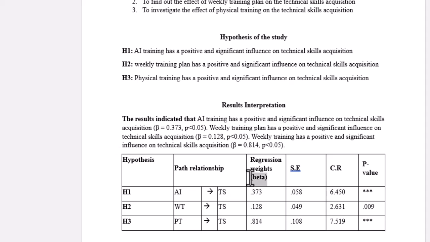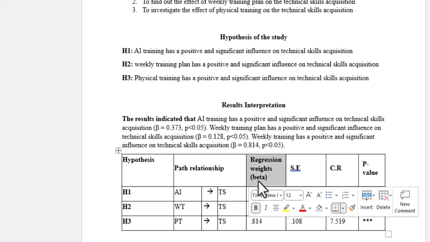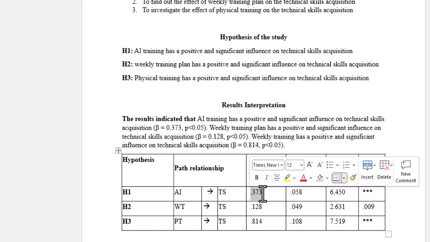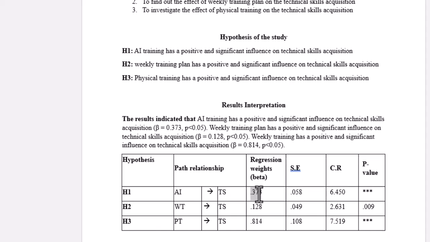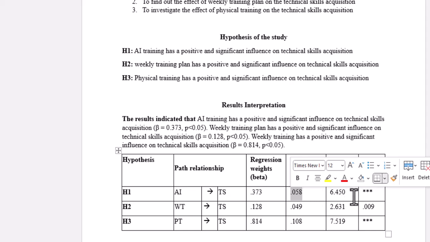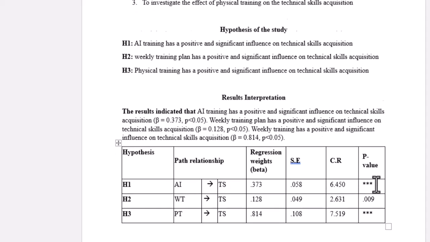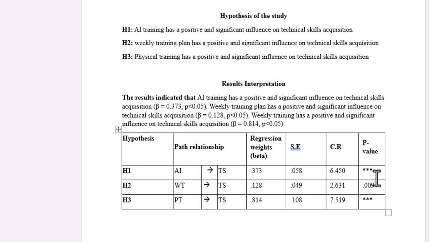These are the regression weights, or what we call the beta weights. In the beta weight here for the first hypothesis, it is 0.373, and it is positive because it is not negative. The standard error is 0.058, and if we check the p-value, it has 3 stars. This 3 stars means it is significant at the 0.01 significance level, at 99% confidence level.